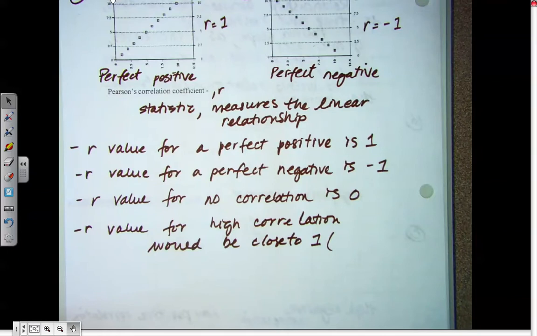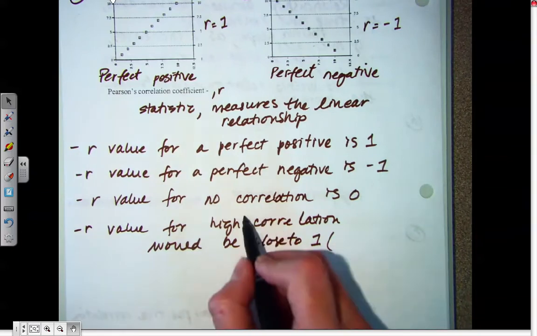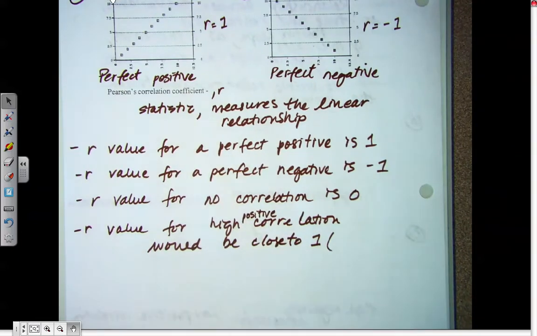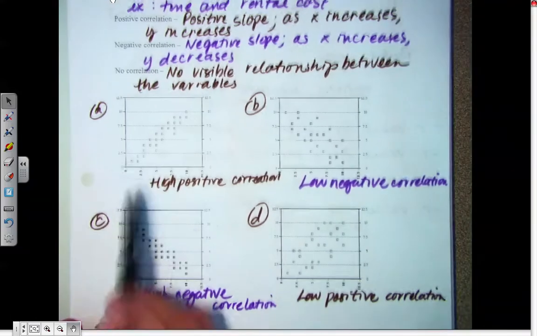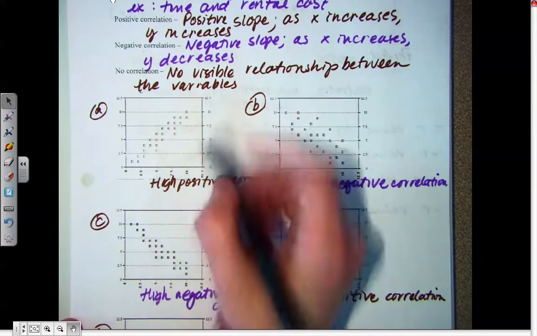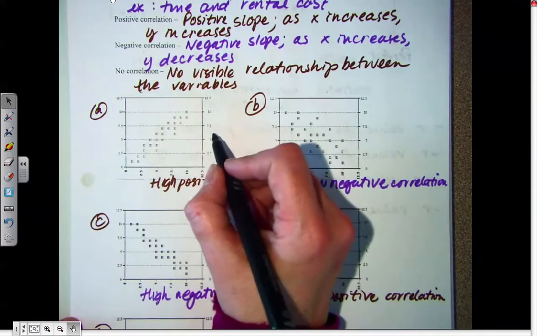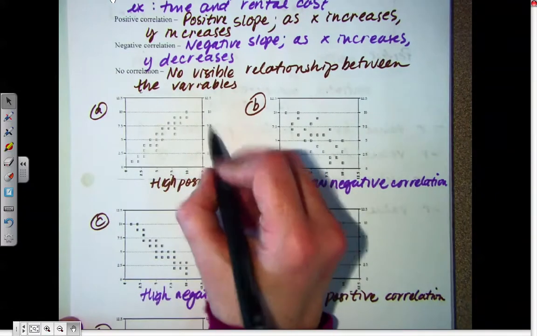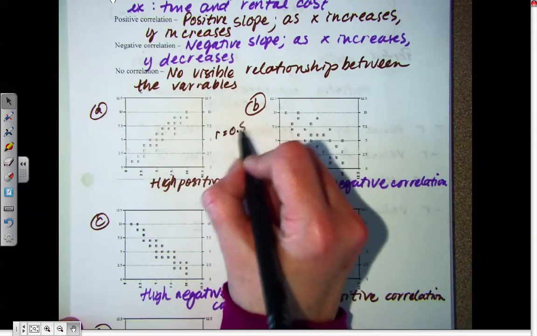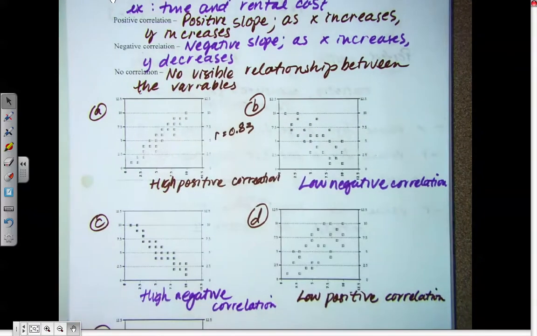For example, if we're looking at this one right here, we don't have the exact points to determine it, but we could say that the R value would be close to 0.83, for example. How do you come up with that? It's just a random number that I came up with.